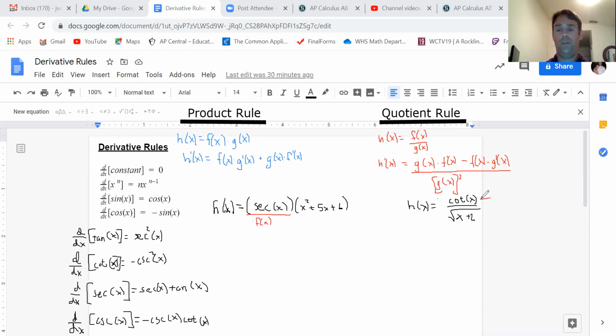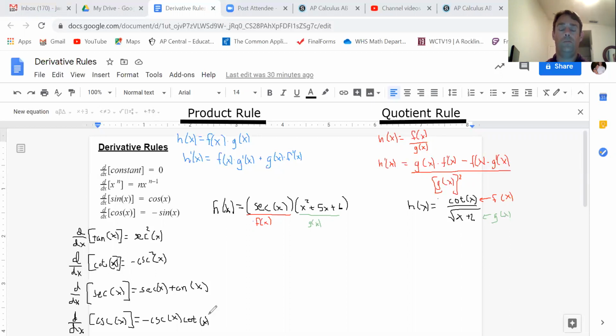Here's my top function, also known as f of x as well. And here's my second function, also known as g of x. And here's my bottom function, also known as g of x.